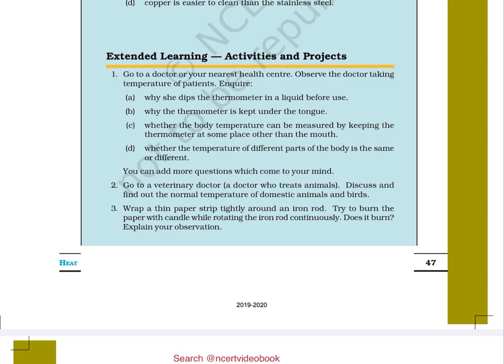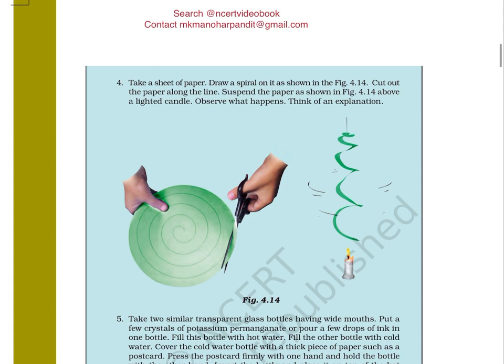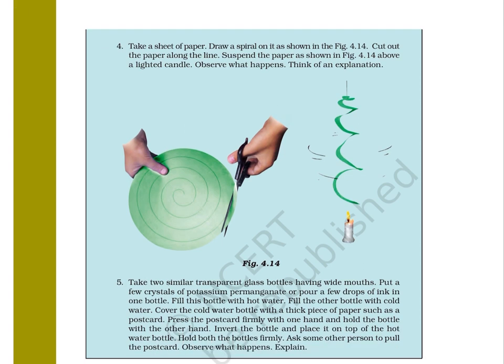Page 48. 4. Take a sheet of paper. Draw a spiral on it as you can observe in the figure 4.14. Cut out the paper along the line. Suspend the paper as you can observe in figure 4.14 above a lighted candle.